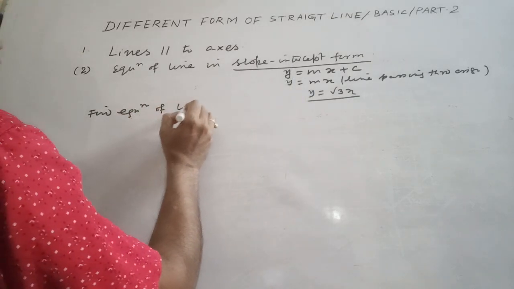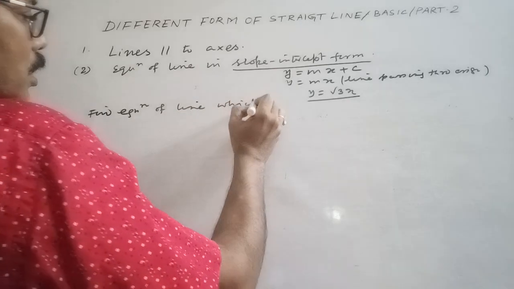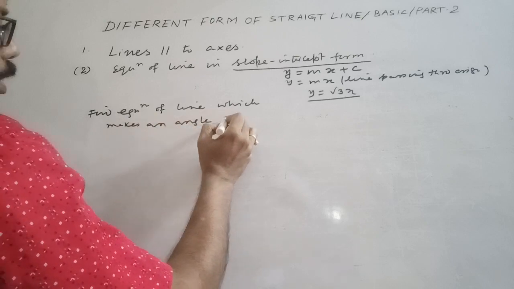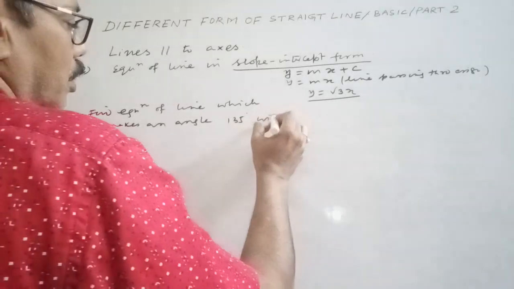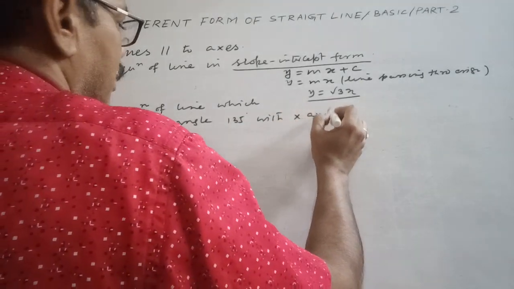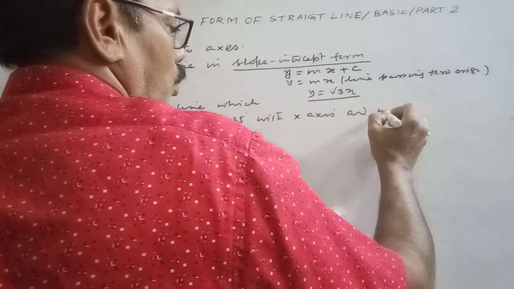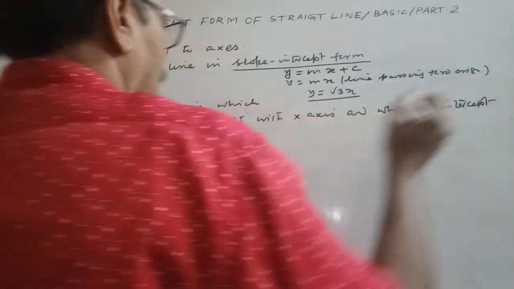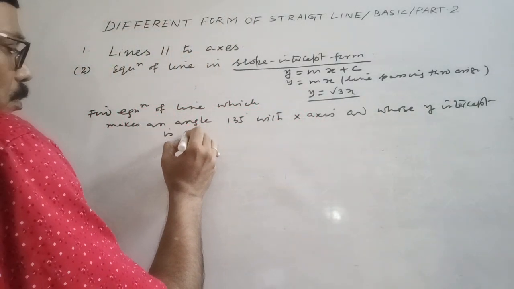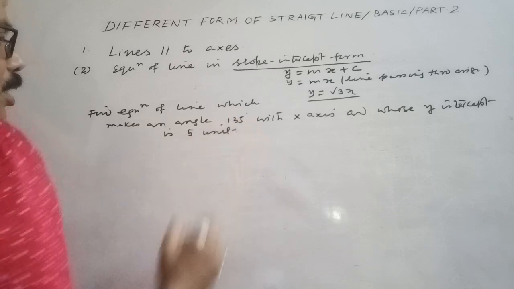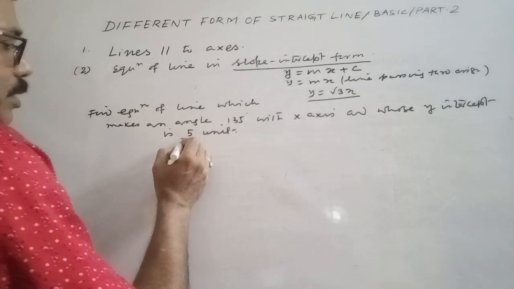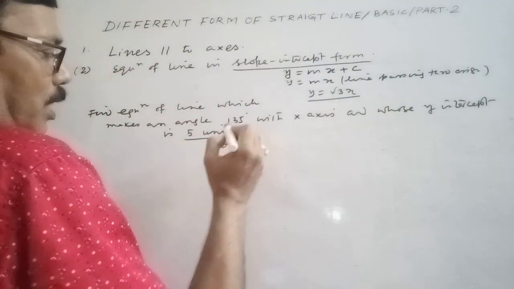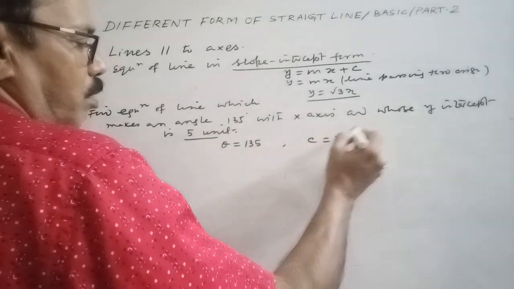Find the equation of line which makes an angle of 135 degrees with the x-axis and whose y-intercept is 5 units. So it is given theta equals 135 and c equals 5.